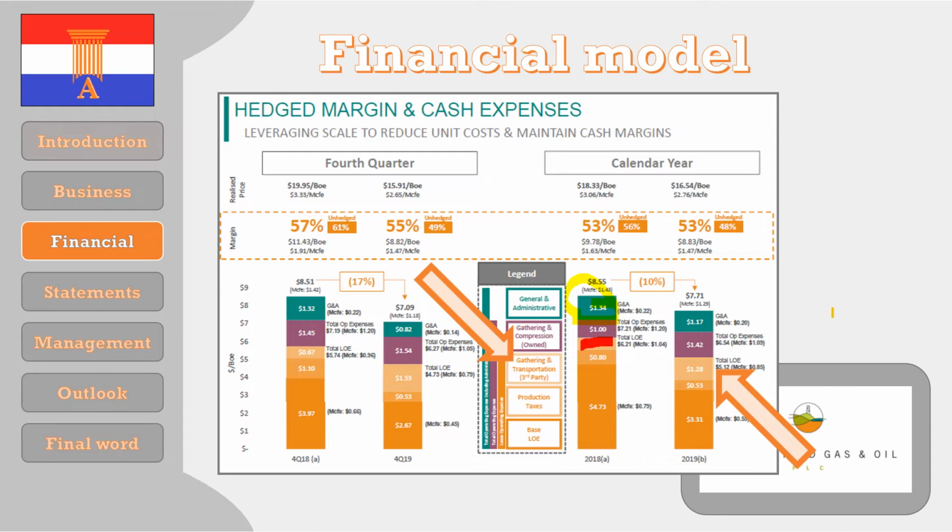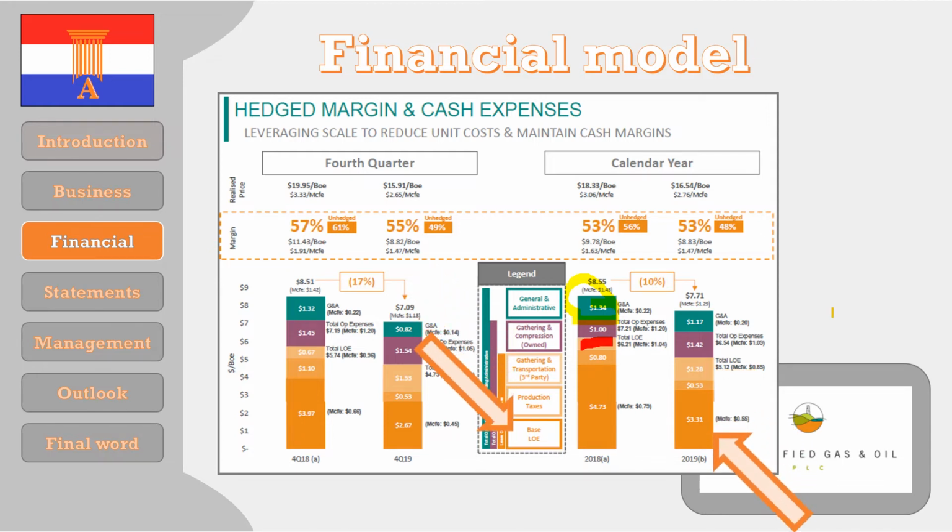So it's very beneficial for them to own the midstream assets. And then the last part is the base LOE, the base level of effort. So basically the minimum operational cost. I think that's the best way to put it. And there you can see that it went from $4.73 to $3.31. So it's also a very big decrease.